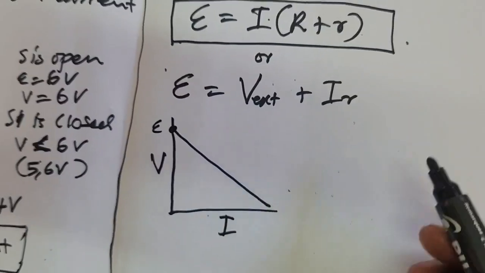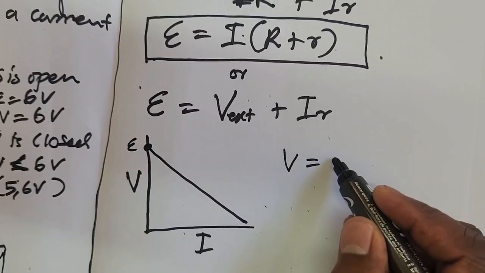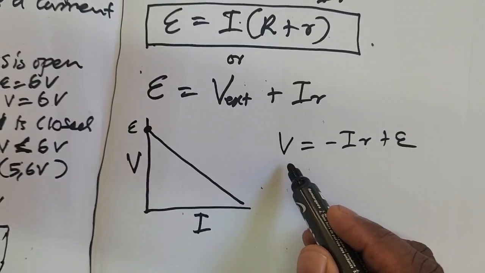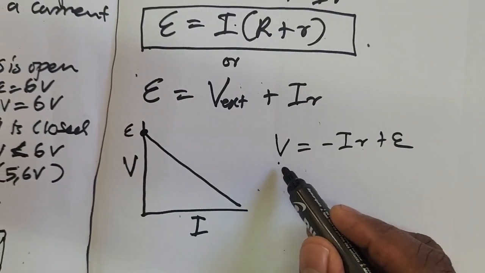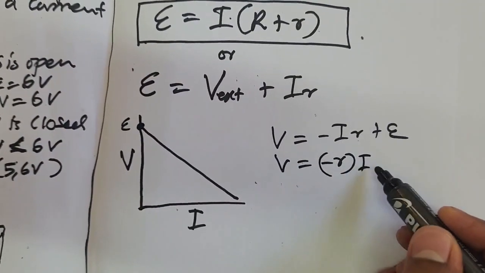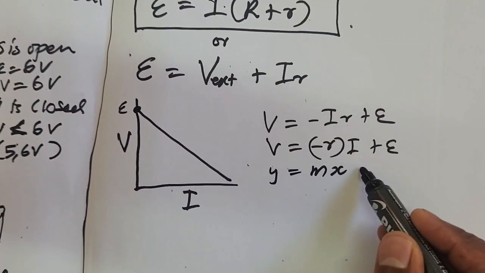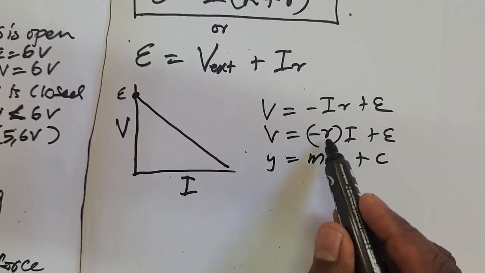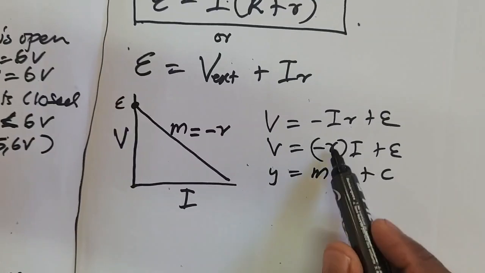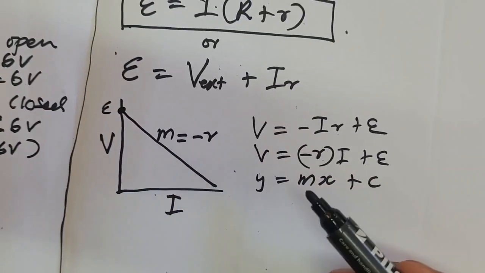This is because if you make V external the subject of the formula, you find that V equals negative Ir plus E. Therefore, in the form y equals mx plus c, V equals negative r multiplied by I plus E. Therefore, the gradient of this graph represents negative r, which is the internal resistance.